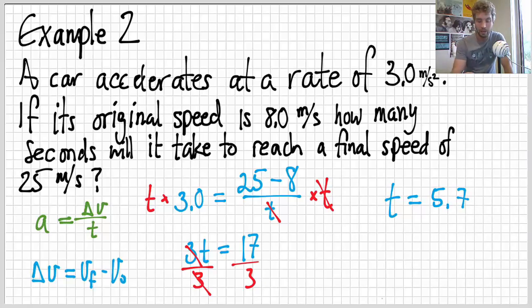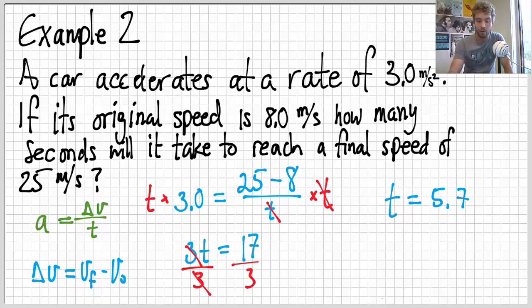Now, we had acceleration. Ultimately, what we ended up with was 17 divided by 3. The 17 is meters per second, and we're dividing by meters per second squared, which is a little confusing. But ultimately, we know that our answer is time, and as long as our units of time are consistent between our velocity and our acceleration, then we're fine.